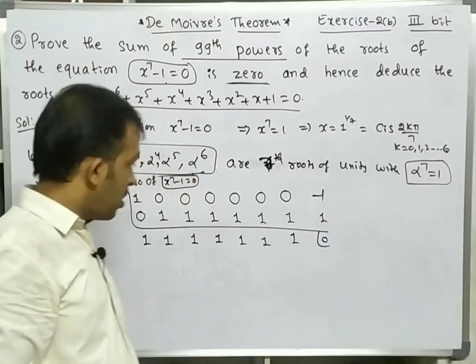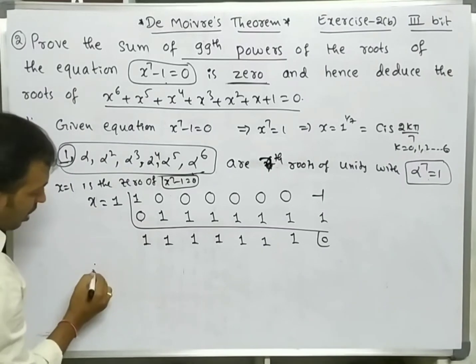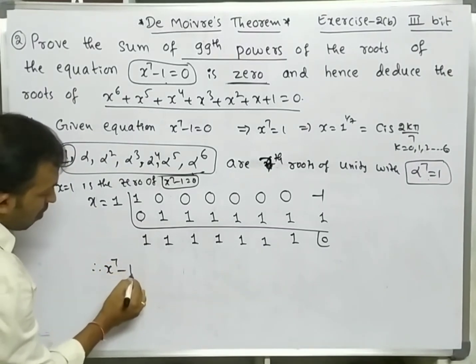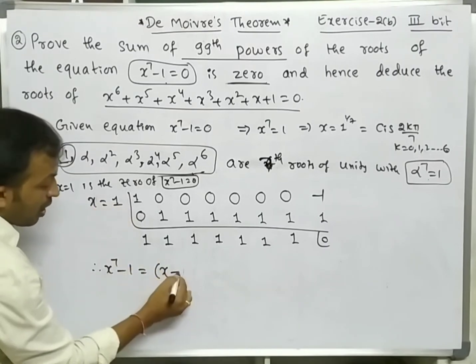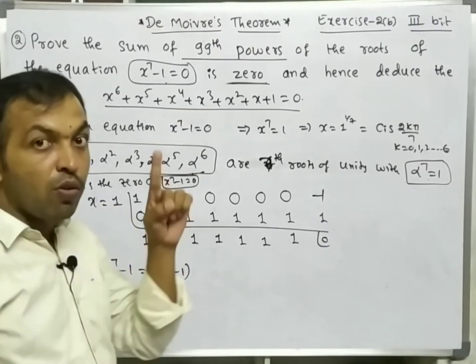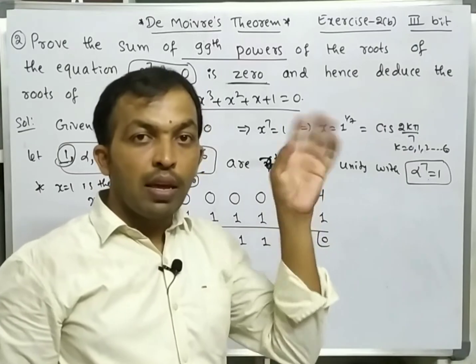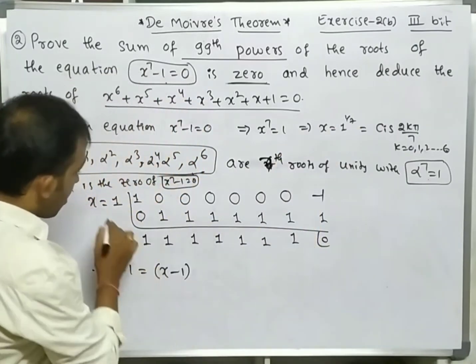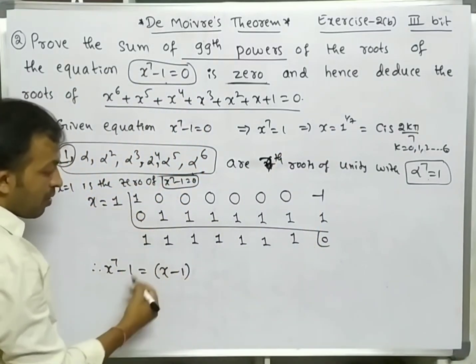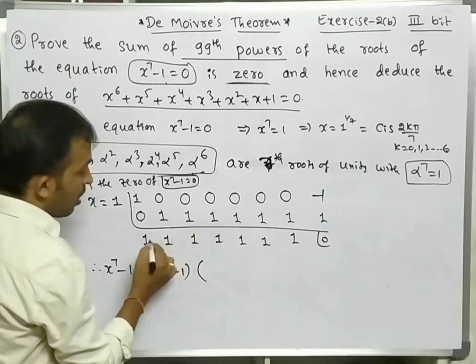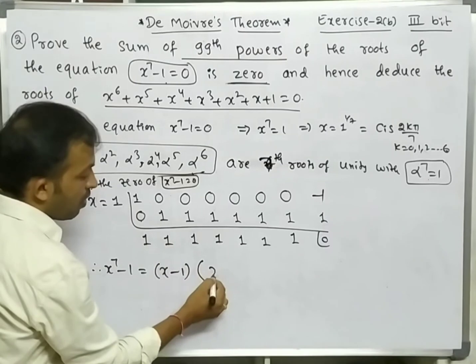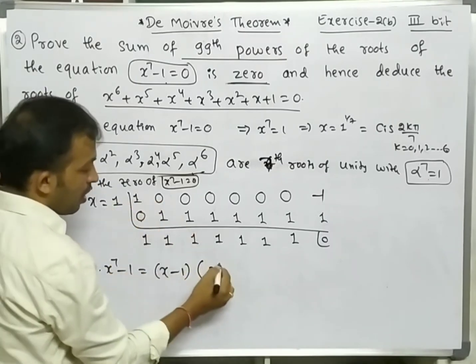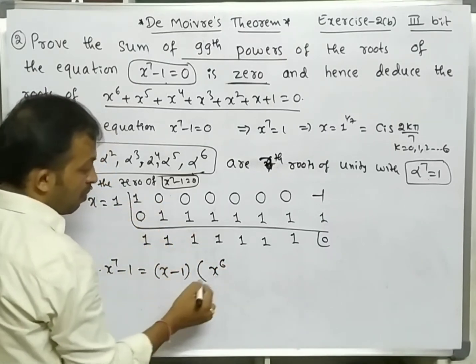Okay, right. So now x power 7 minus 1 can be written as follows. x is equal to 1 is the root means x minus 1 is the factor. Already you have learned the factor theorem in 9th standard. So x is equal to 1 is the zero means x minus 1 is the factor, and the remaining terms are 1, 2, 3, 4, 5, 6, 7 terms, right? The x power 7 coefficient is completed. The next step starts from the x power 6 coefficient.